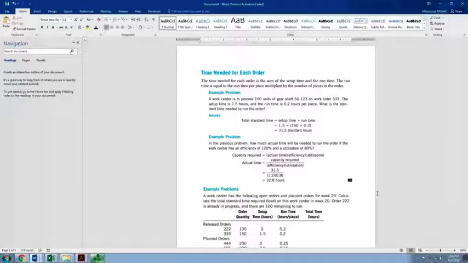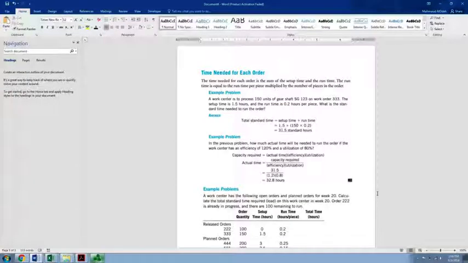In the PowerPoint there are more examples and more concepts related to the time needed, including the waiting time, the queue time, the scheduling. These are really important concepts that I don't want to focus on in this video, but this is going to be a good start for you, and from here you can continue on the PowerPoint slides and finish that. And if you have any question, please send me an email.